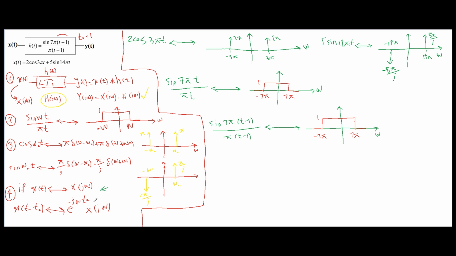And then H of j omega is equal to this pulse multiplied by e to the power of minus j omega.